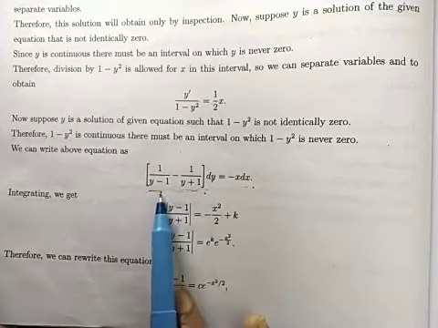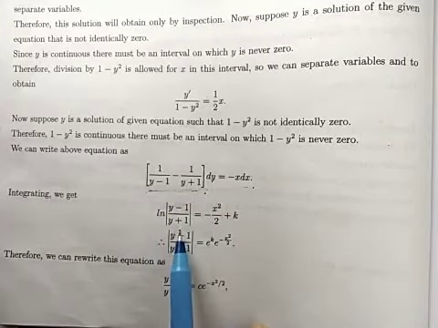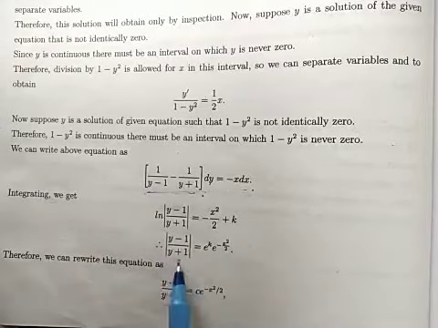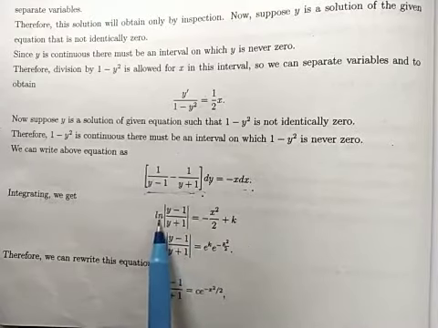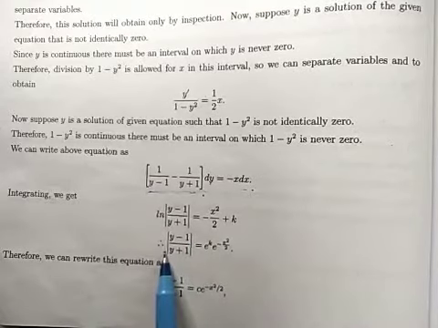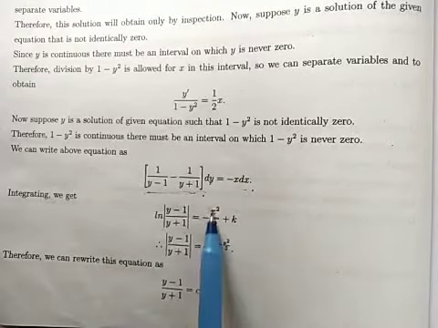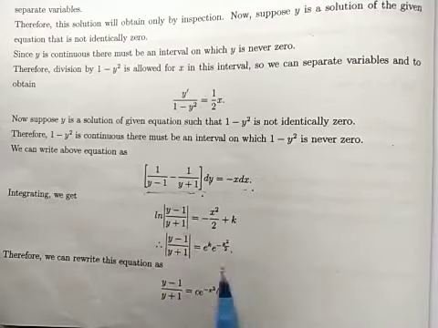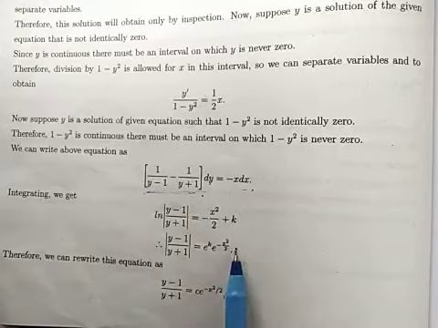So log of y minus 1 minus log of y plus 1 means log of y minus 1 upon y plus 1. Therefore mod of y minus 1 upon y plus 1 is equal to, cancelling the log, e raised to k into e raised to minus x square upon 2. Left hand side as it is, let us consider e raised to k as c, and e raised to minus x square upon 2 as it is.